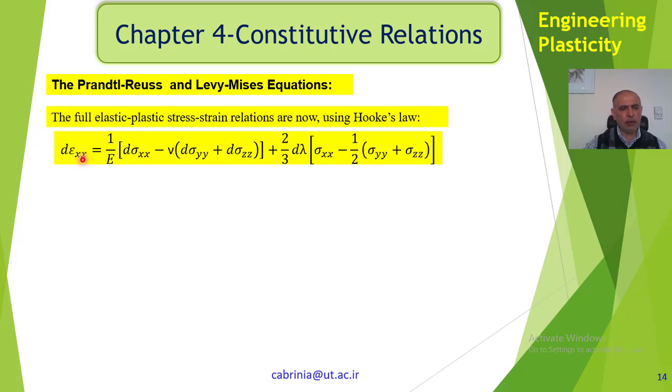So when we write the increment of strain, we should write here also increment of stress. But for the plastic part, we have a relationship between the increment of strain and the stress itself, in fact the deviatoric stress. So that's the complete picture for the strain-stress relationship.